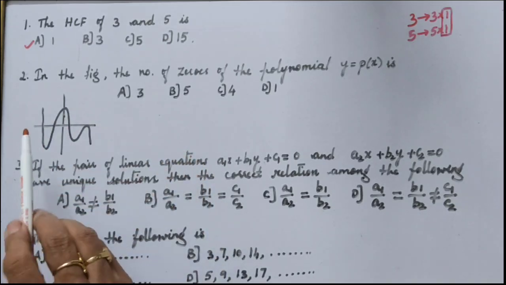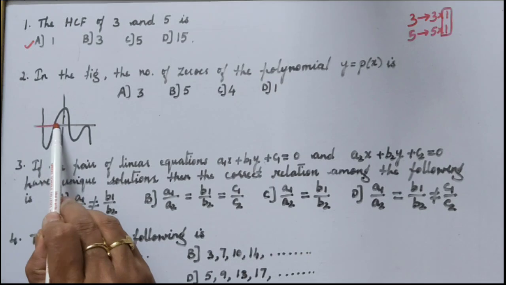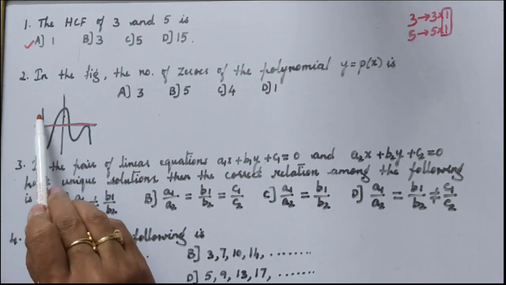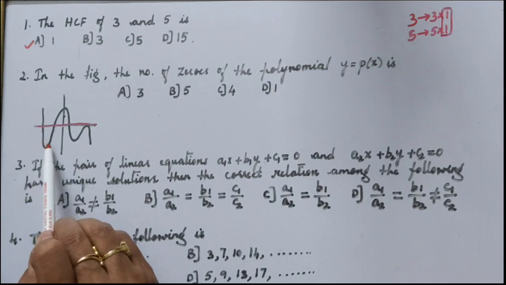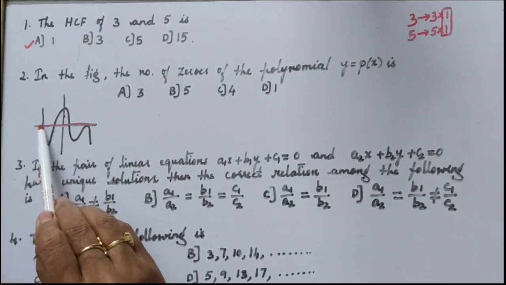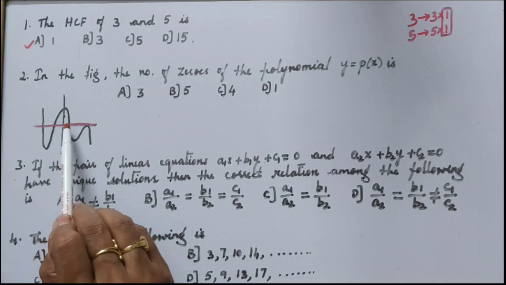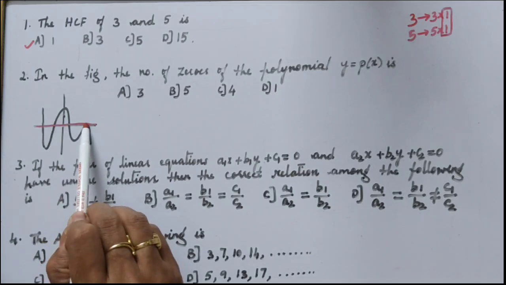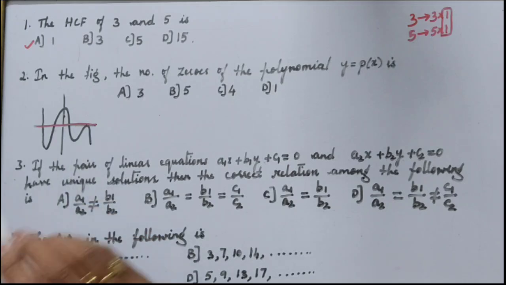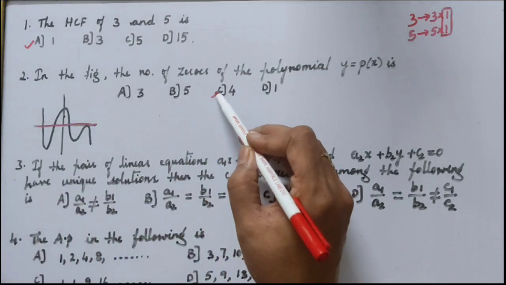This is the x-axis, and this is the y-axis. Now you need to check how many points the curve touches the x-axis. You can see 1, 2, 3 and 4. 4 points. So we have got 4 zeros. Yes, this is the answer.